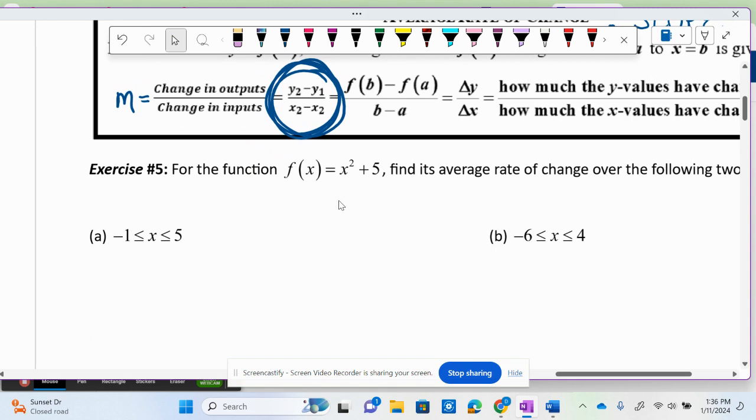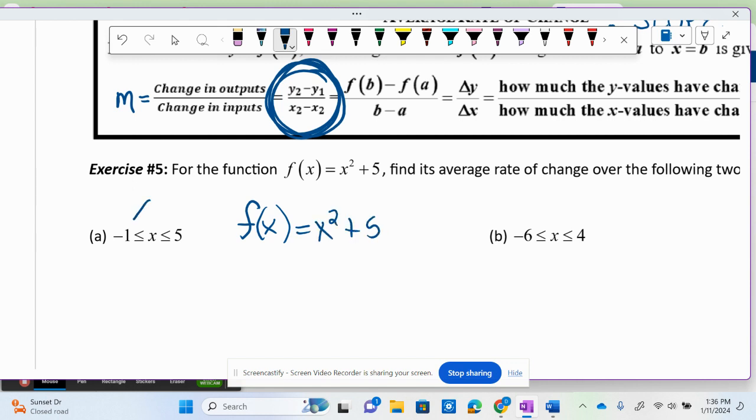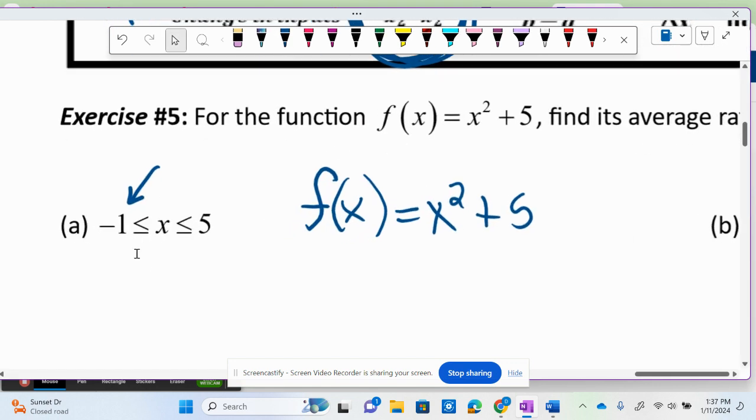So let's talk about this function right here. We're going to take the function f of x equals x squared plus 5. And I need to know what the rate of change is, or the slope is, from -1 less than or equal to x less than or equal to 5.